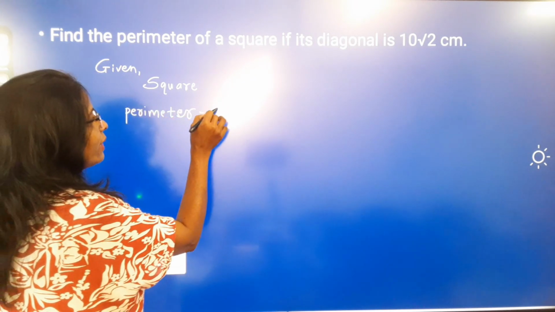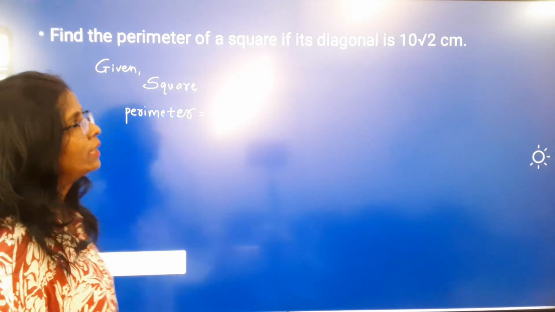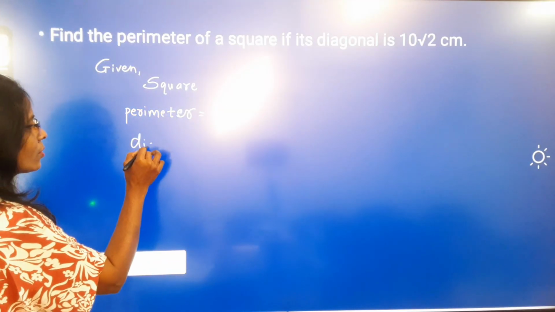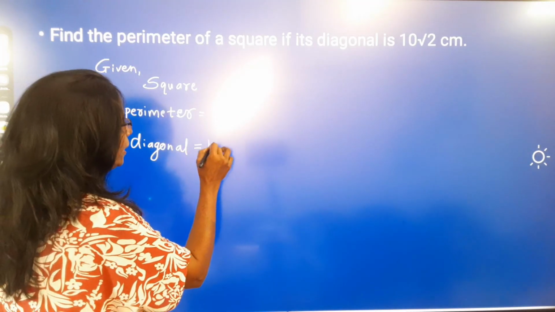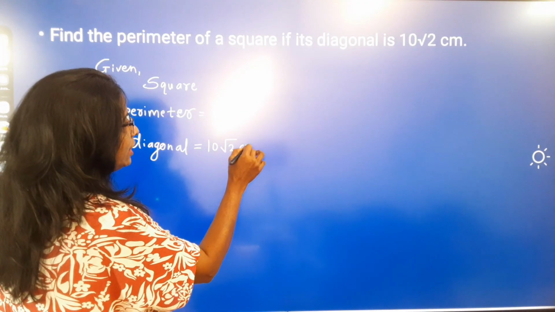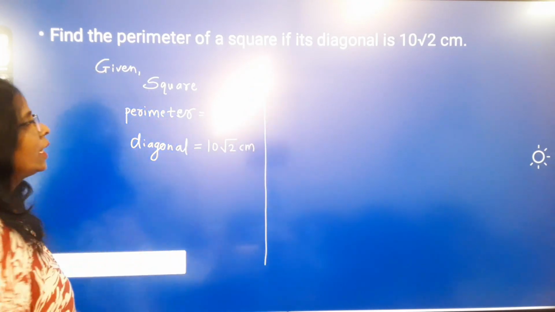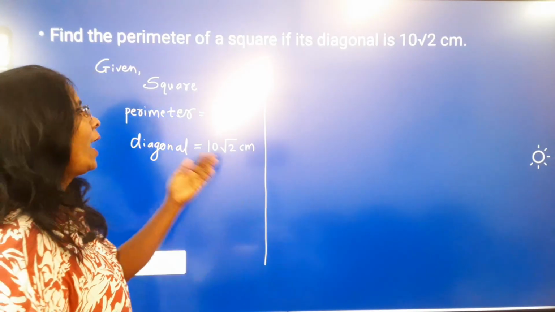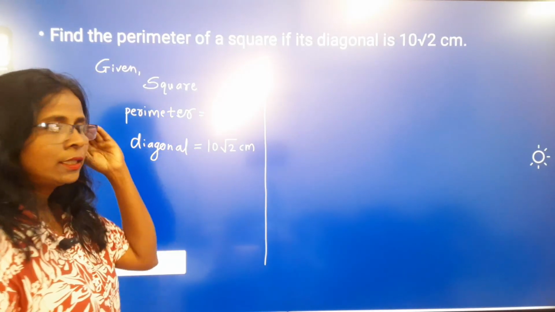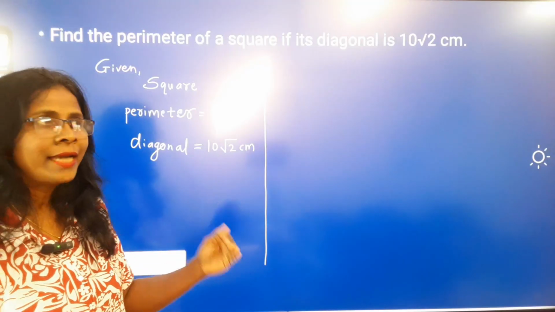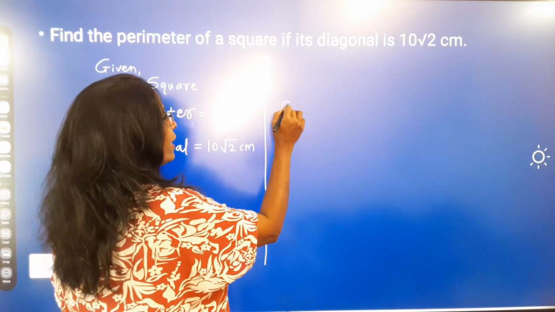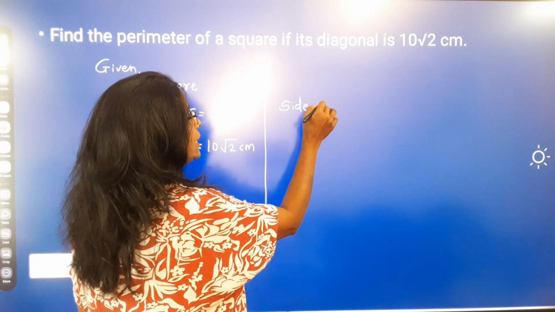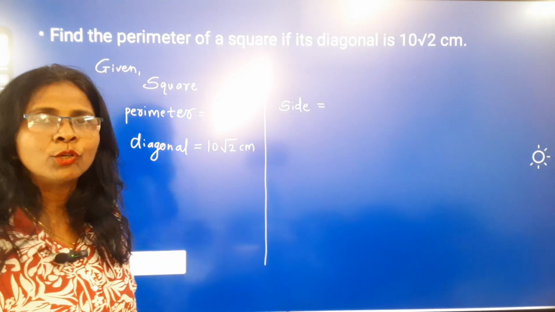We have to find out the perimeter of a square. Then the diagonal is equal to 10√2 centimeter. So now if the square is given as well as the diagonal of the square, then we have to find out the side.